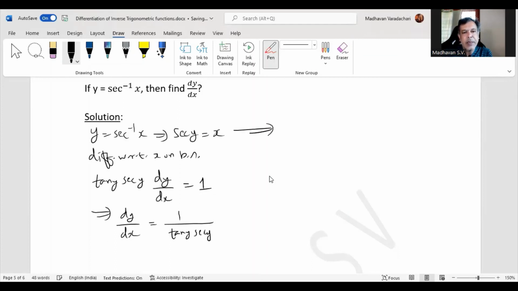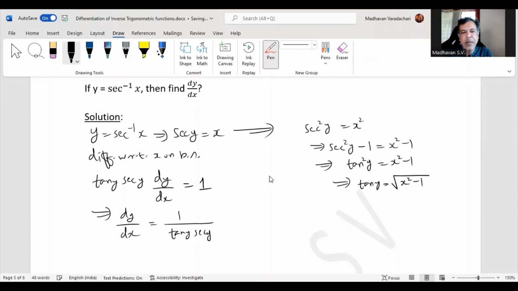Now from here we can say secant square of y equal to x square, or secant square y minus 1 equal to x square minus 1. Secant square y minus 1 is tan square of y, which is x square minus 1. That means tan y will be square root of x square minus 1.